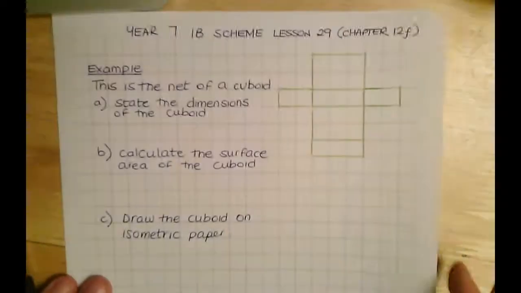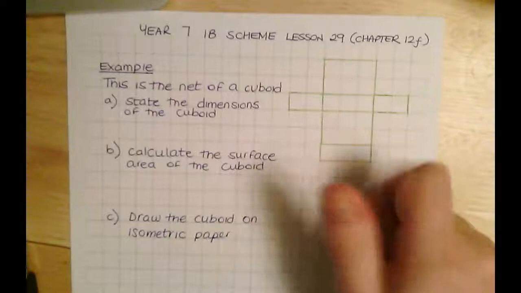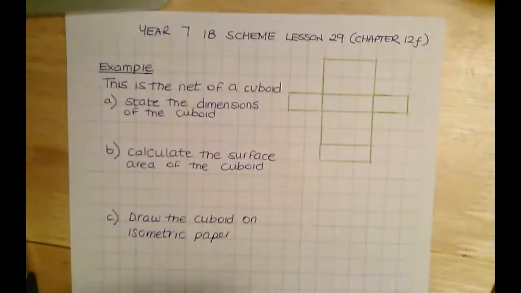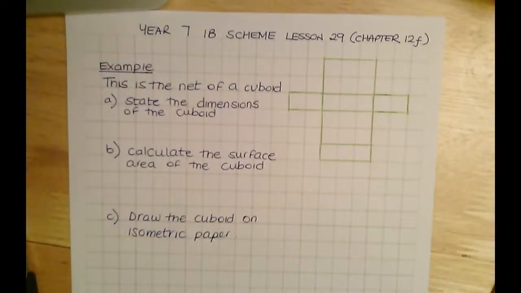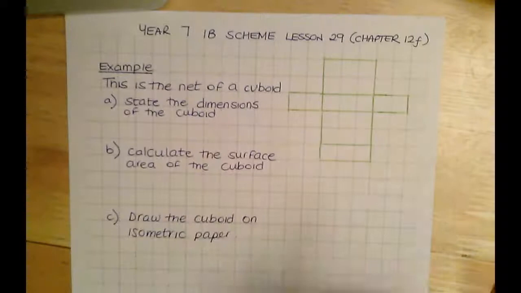So if we look at the example in the book that I'm going to go through with you, we're given this net. Now this is the net of a cuboid. And on the first part, we're asked to state the dimensions of the cuboid.